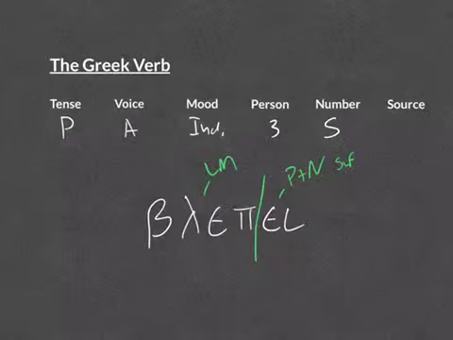He, she, it. We'll just say he for now to make it easy. So he and singular is one person, right? So instead of I see, this is he sees. Yeah. Is that easy? Let's do some more.